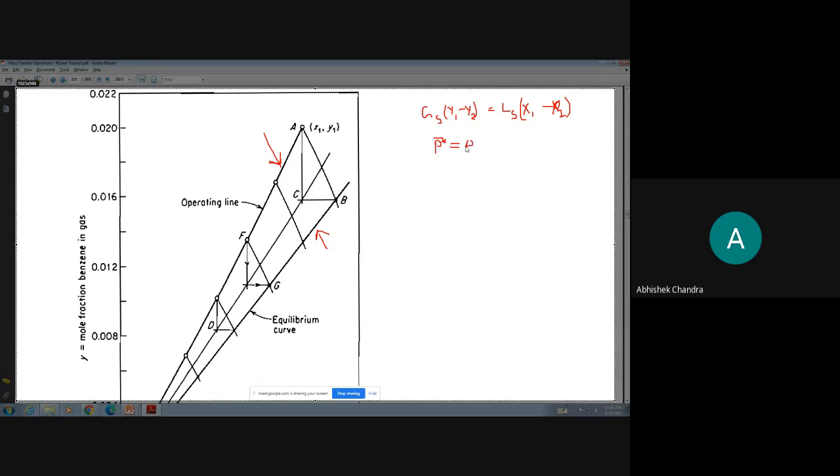This is vapor pressure multiplied by x. So divide this vapor pressure by the total pressure. Or you can write the partial pressure as a composition multiplied by the total pressure.